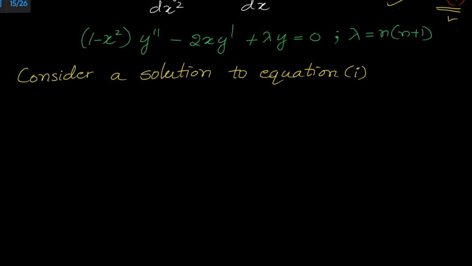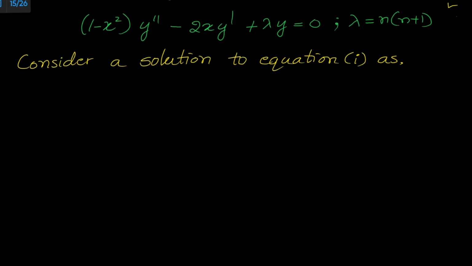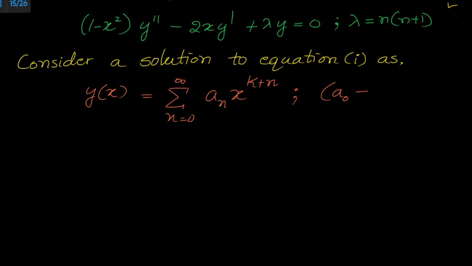Now y of x is equal to a series solution we are going to consider: summation n is equal to 0 to infinity a_n x raised to k plus n, where we are putting the condition that the first term a_0 is not equal to 0.